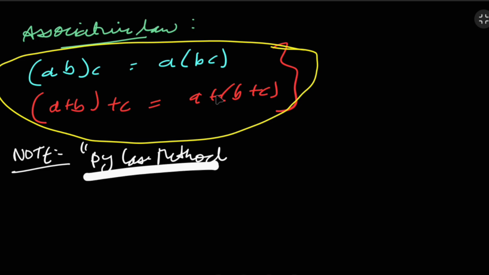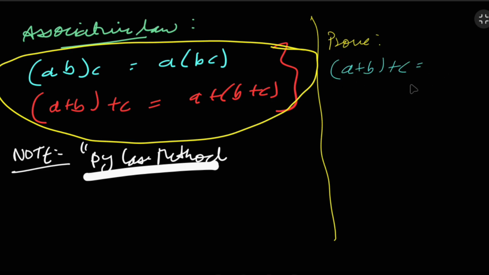What is this by case method? Let's prove this. Prove A plus B plus C equals to A plus B plus C.